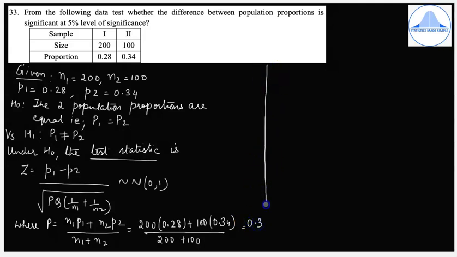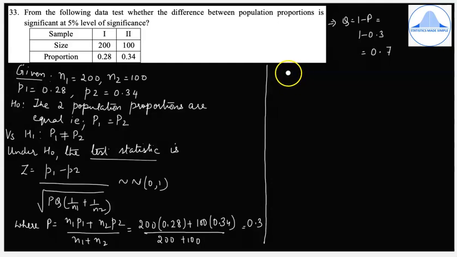So I'm just skipping the steps of the computation. Kindly do it. So which implies Q is equal to 1 minus P, which is 1 minus 0.3, which is equal to 0.7.